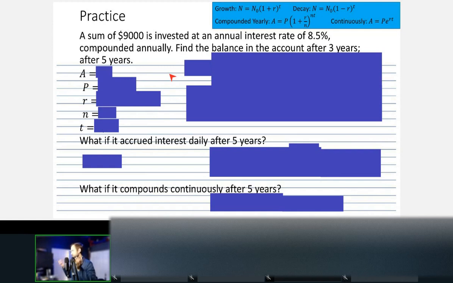If you invested $9,000 and then after 3 years you're like, where did my money go? Would that make sense to you? It doesn't. So these word problems, these real world situations, look at the answer you have and see if it makes sense. Going from $9,000 to less money doesn't make sense, and it should trigger something like, hey, where did my money go?